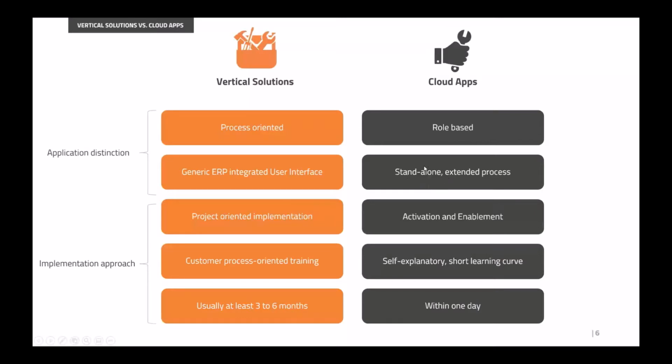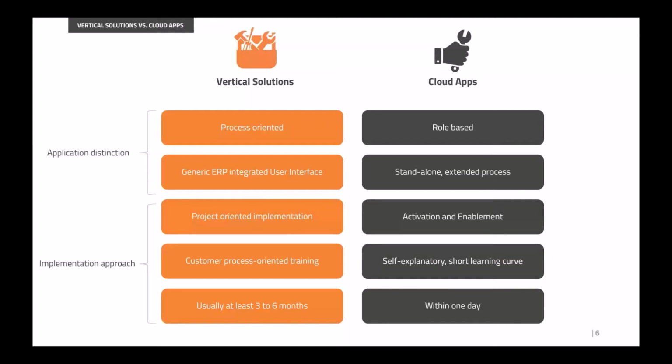The application is a standalone application. That means it's not integrated in the ERP user interface, and is extending the process. So it's connected to the ERP, but is a real standalone application with its own flow, with its own process in this area.